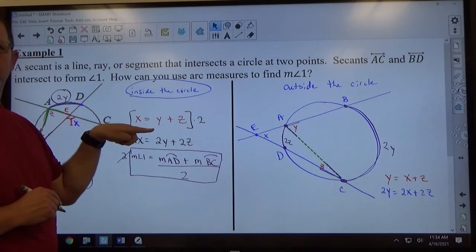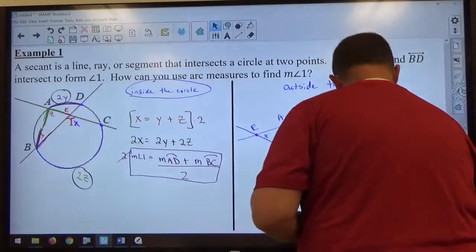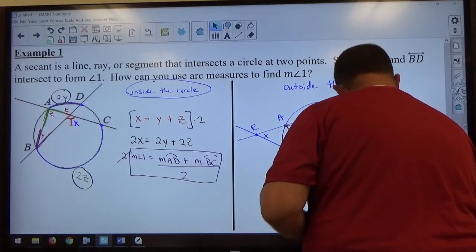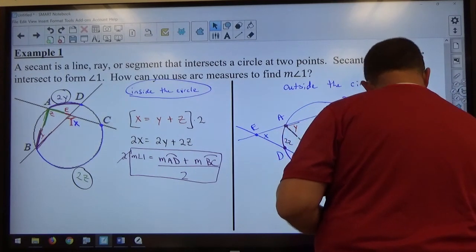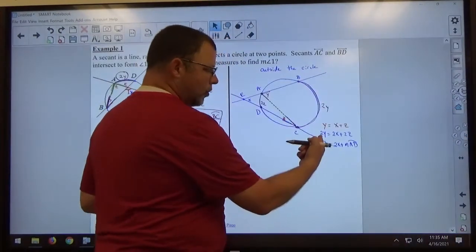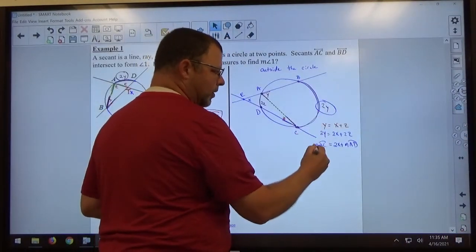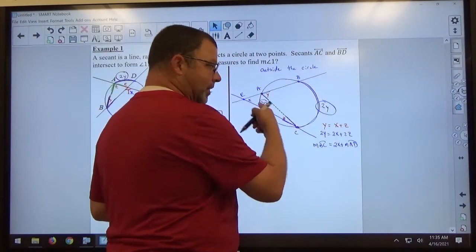X is the angle we care about, right? So I'm going to get measure of BC equals 2X plus measure of AD. 2Y is measure of BC, that became this. 2Z is measure of AD, that became that. X is still X.